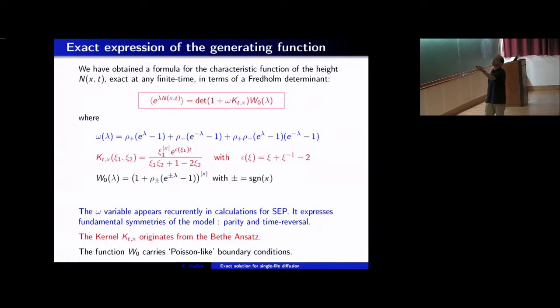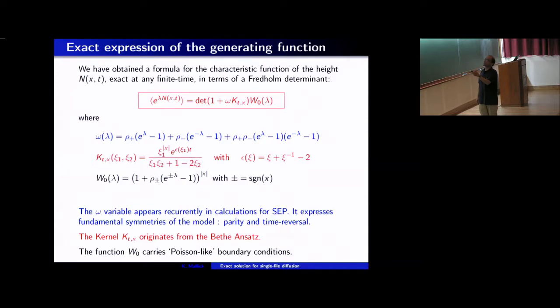And in fact, it's an operator with a kernel. And here you have a simple function, which in fact has a Poisson-like behavior. So K, T, and X is an operator with a kernel, and the kernel is given by this formula. So for those who are familiar with Bethe-Ansatz, you in fact recognize the Bethe kernel in these guys. It's in fact nothing but the form factors of the Bethe that appear in Bethe-Ansatz.